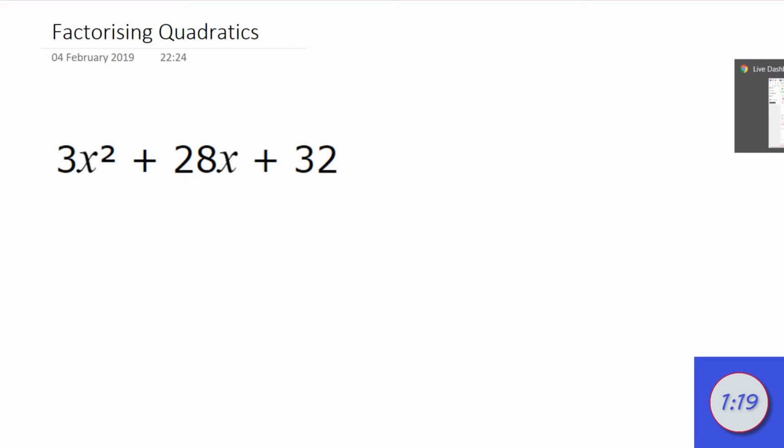And if you really know your factorising, you'd have worked it out already. I'm going to give you a bit longer, so no worries.